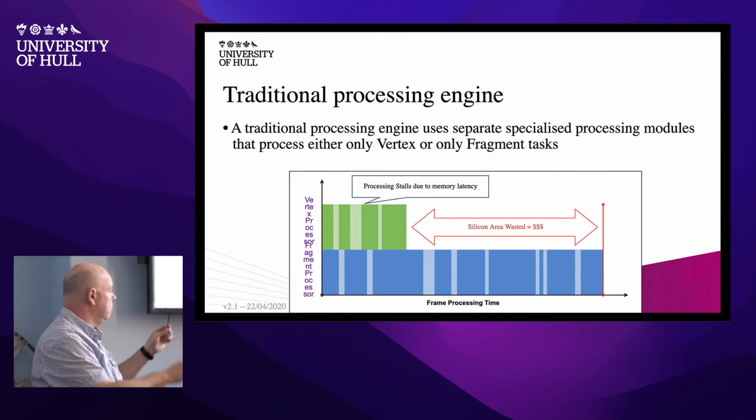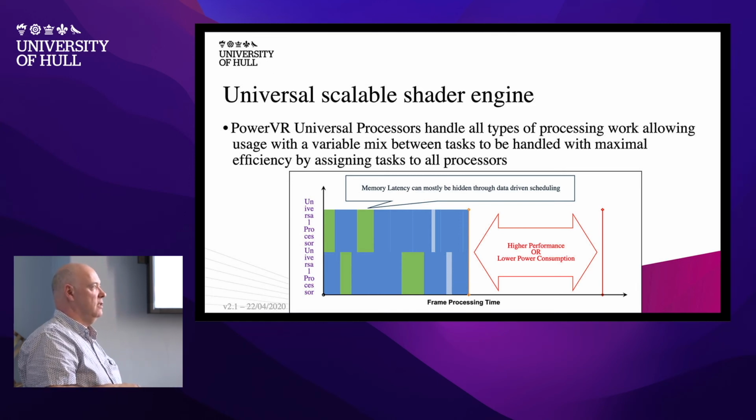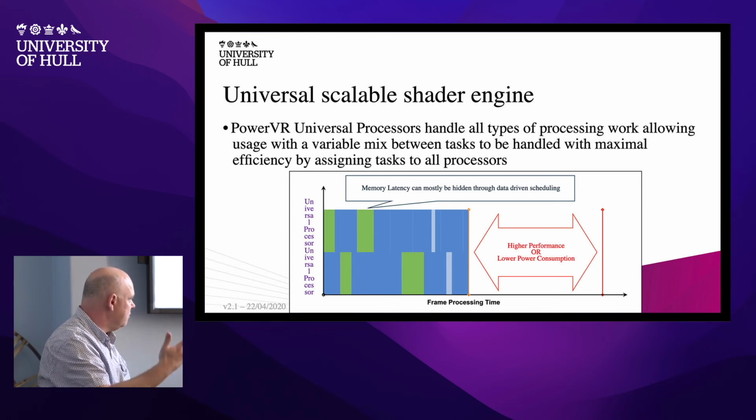So what modern GPUs, including mobile, have is universal processors. A universal processor can handle any type of shader, essentially. And some scheduler on the chip, the graphics driver, like Colt was saying, will slot these in wherever it needs to.